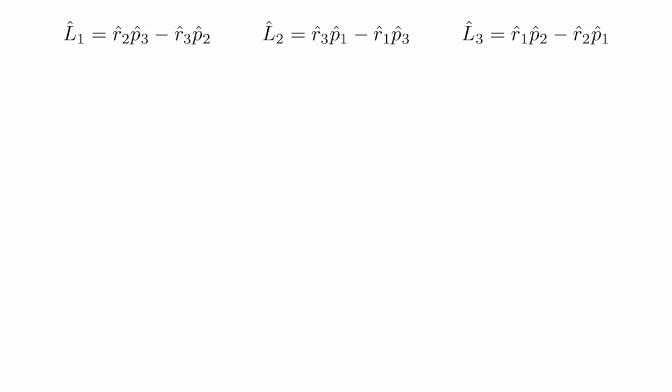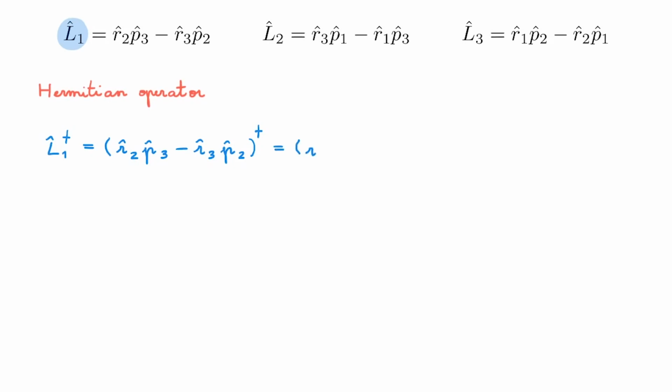Now that we have defined the angular momentum operator in quantum mechanics, the very first thing we need to confirm is that it is a Hermitian operator, so that it is observable. So let's start by taking the first component L1 as an example. L1 dagger is equal to (R2P3 minus R3P2) dagger, which is equal to (R2P3) dagger minus (R3P2) dagger.